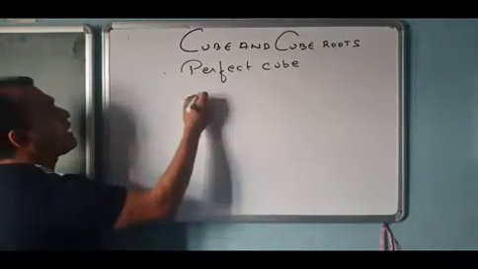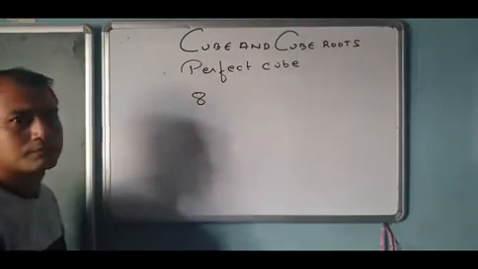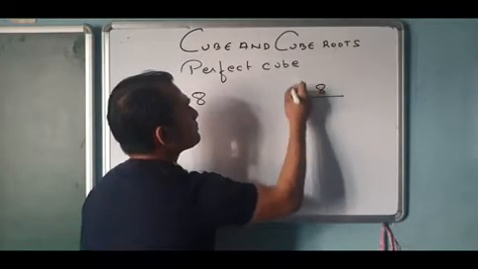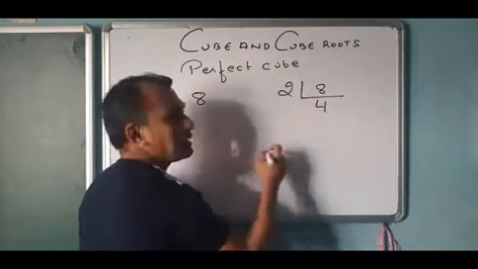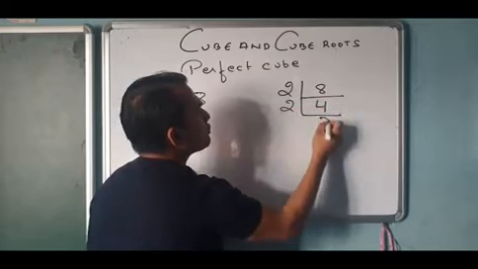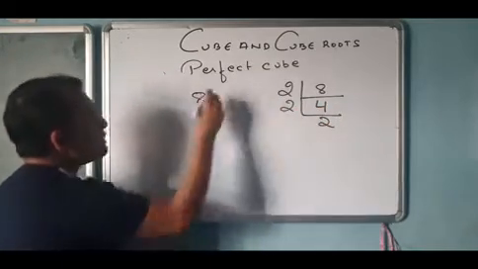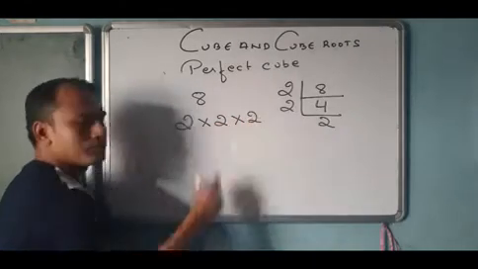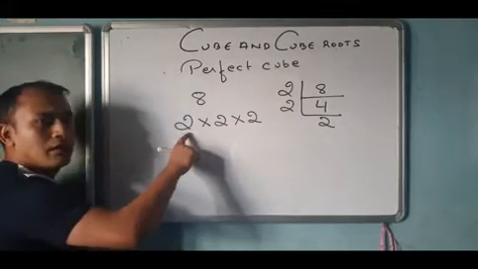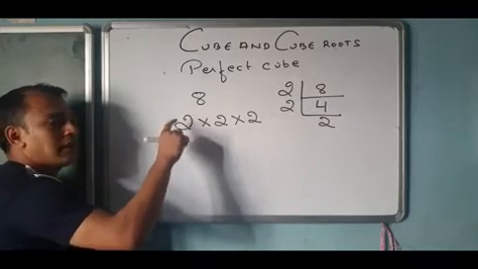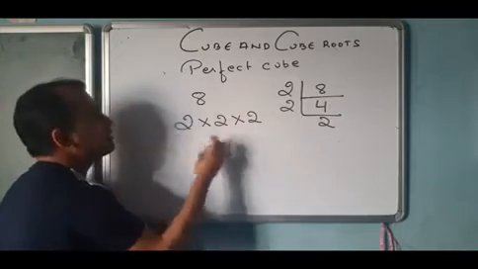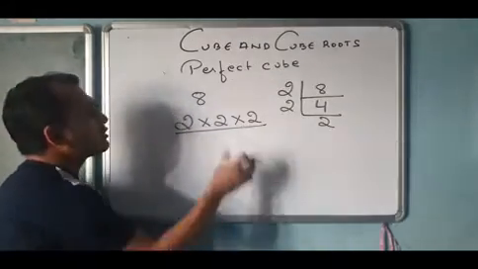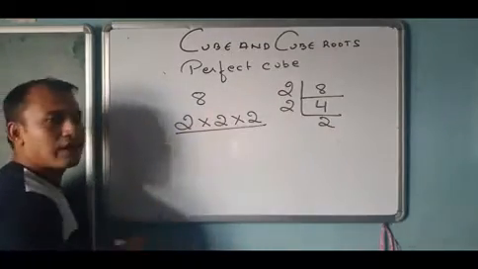So let's say I have 8. Now if I take the prime factors of 8, 2 fours are 8, 2 twos are 4. Now this 8 can be written as 2 into 2 into 2, which means this prime factor can be expressed as a group of triplet of the same factor.